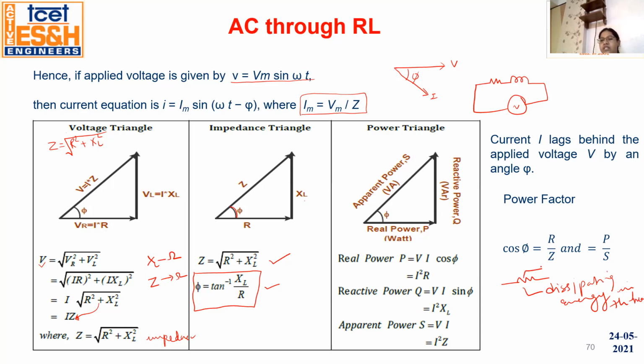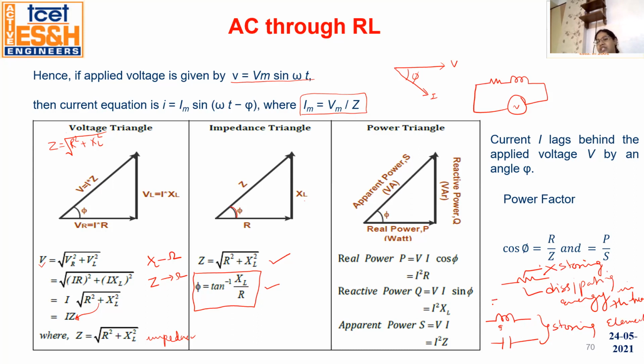So resistance is not storing any type of energy, whereas inductance and capacitance both are storing elements.